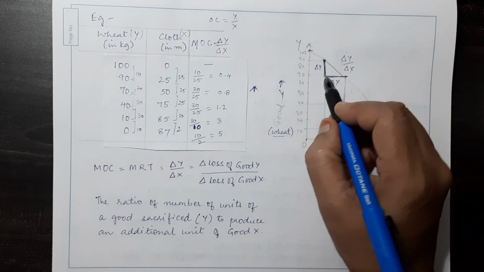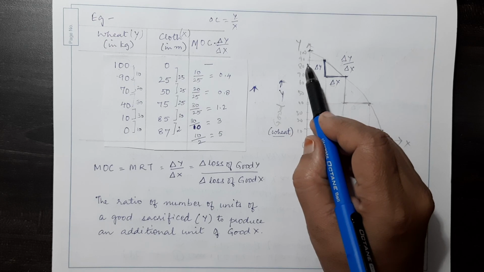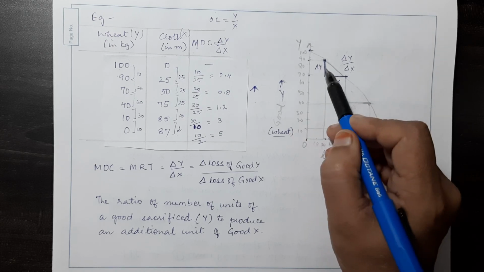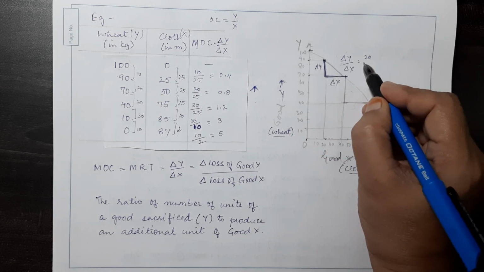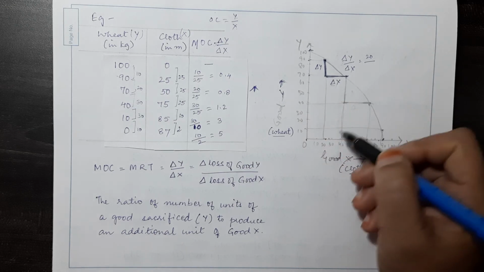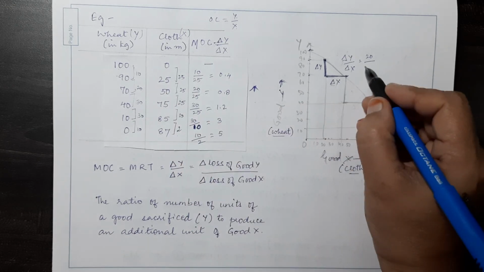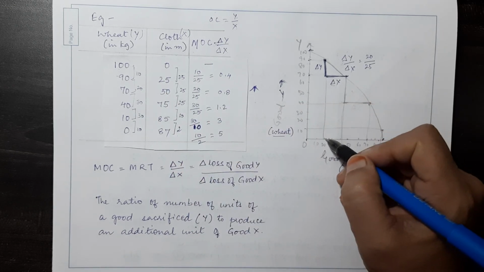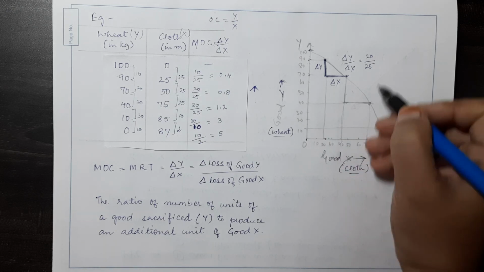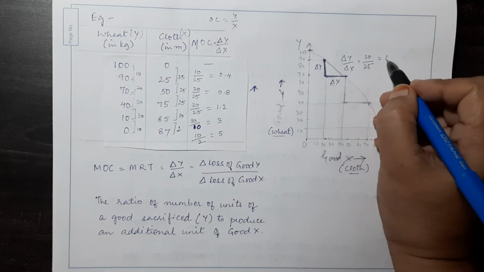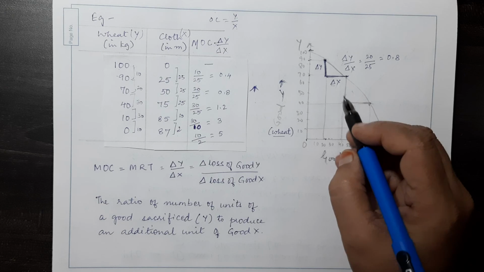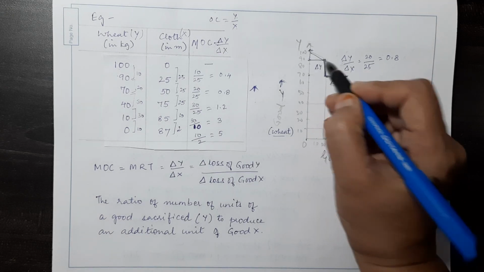These are the units that we have foregone from 90 to 70. So this is equal to 20 divided by, how much is this equal to? This is 25 to 50, so that is equal to 25 units. So again we are getting 0.8 over here. The first one will be over here, the second here.